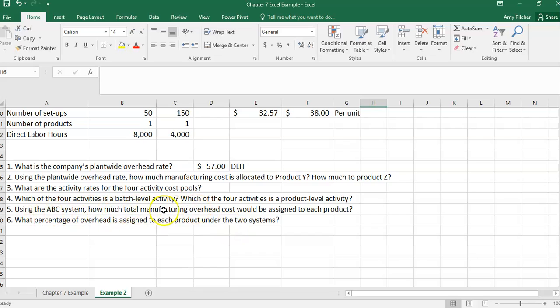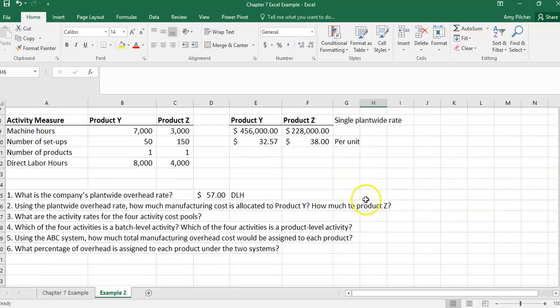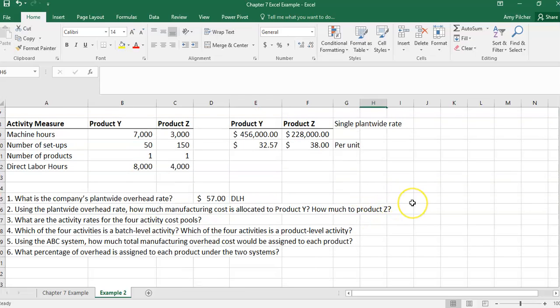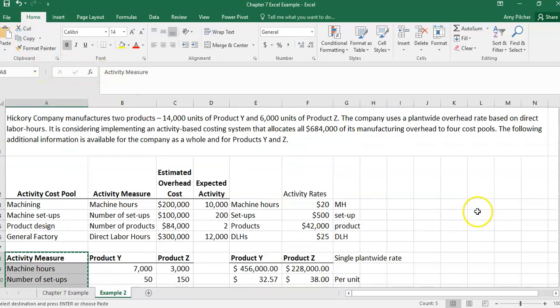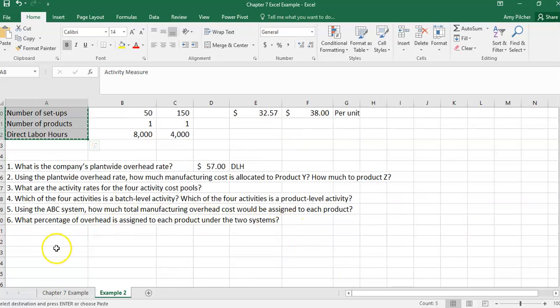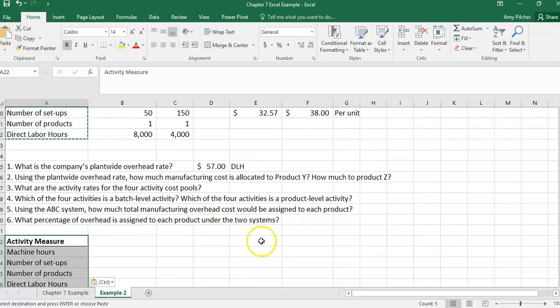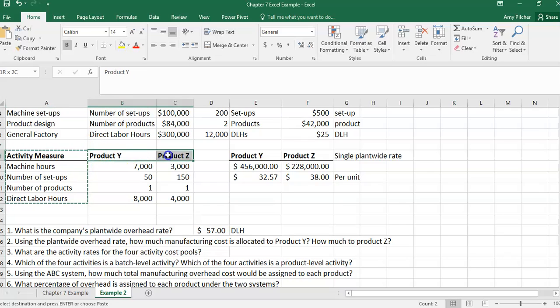Now we want to do our total overhead cost assigned to each product using the activity-based system. So we essentially want our activity measure. Do that down here. Paste. And our 2 products.